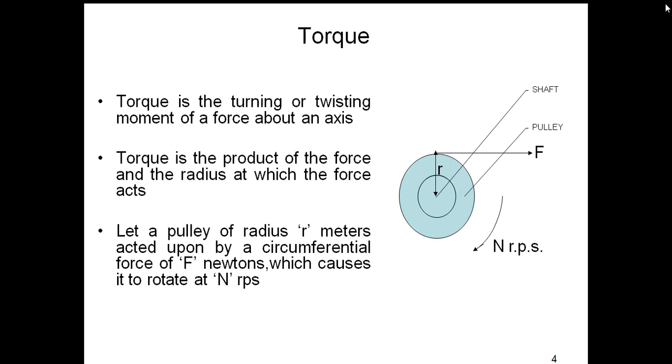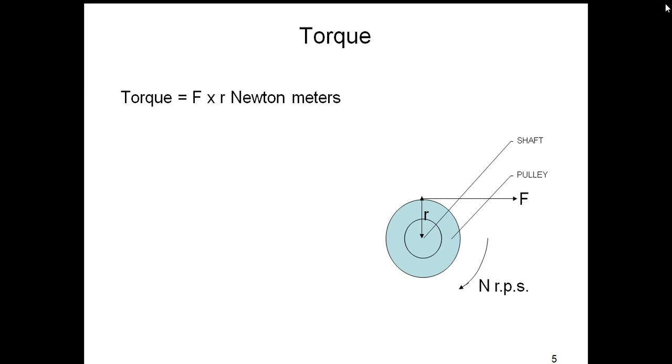Now, if we write the equation for this pulley whose radius is r and the circumferential force is F newtons and it is rotating at capital N rotations per second, then the equation will be torque is equal to force into radius, that is F into R Newton meters.